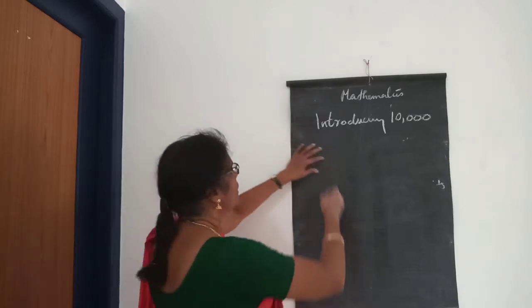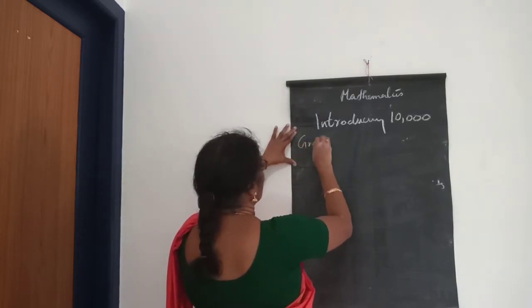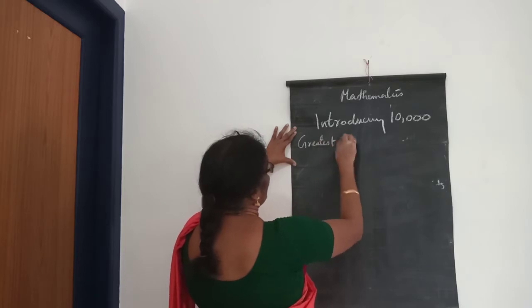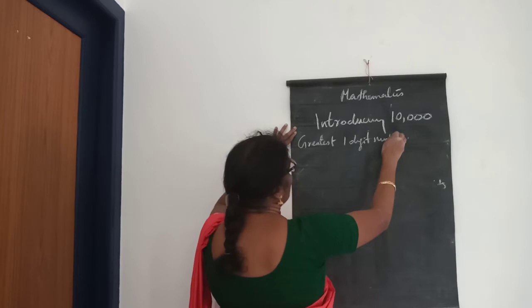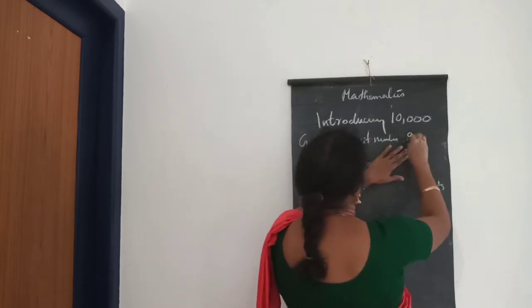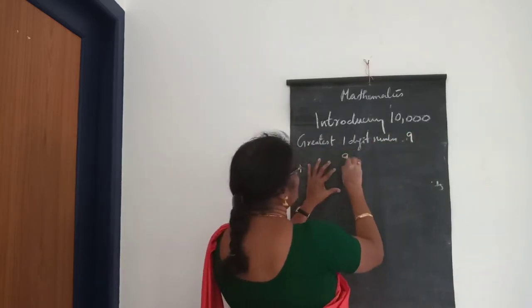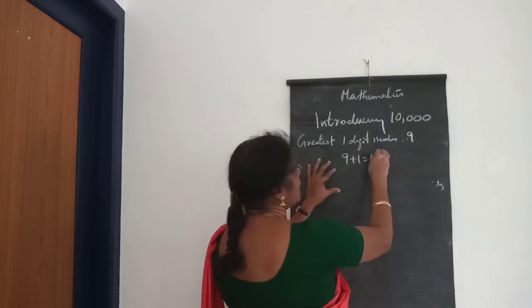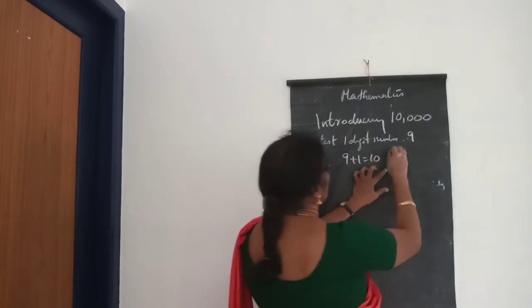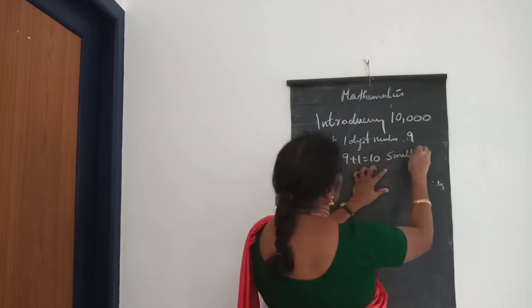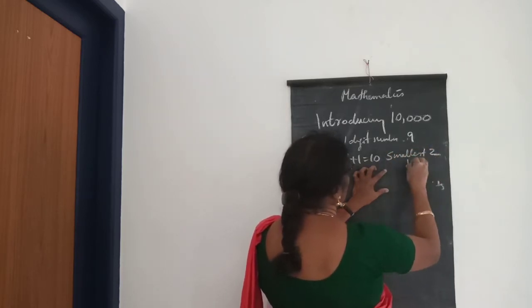Look here, the greatest 1-digit number is 9, and if we add 1 with this 9, we get 10. That is the smallest 2-digit number.